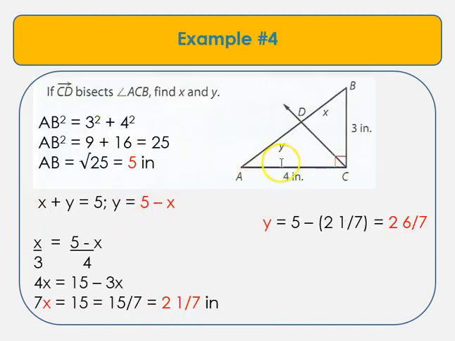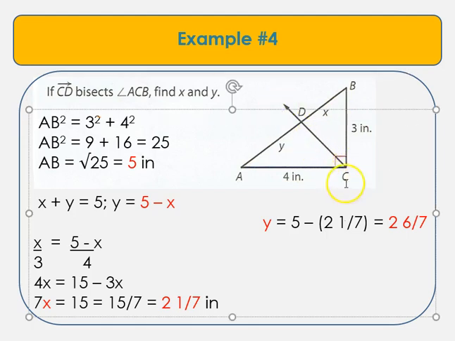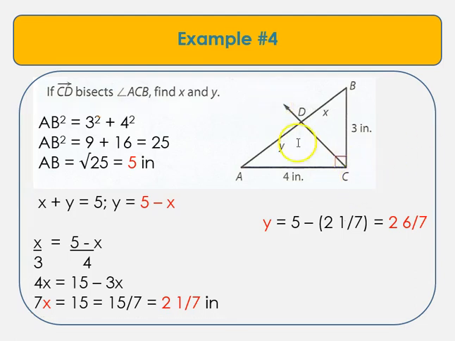In example 4, we're going to use this theorem, and we have a triangle ACB. We can see that there is a bisector here. The bisector is CD. This just happens to be a 90-degree triangle, but it works with any triangle where the angle is bisected.